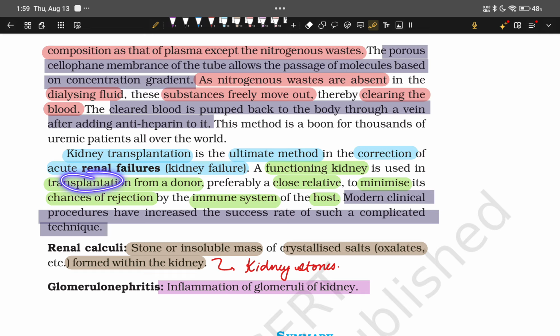A functioning kidney from a donor is used in transplantation, and we have to find a matching donor to minimize rejection by the immune system of the host. So we will choose a close relative. Now, modern clinical procedures have increased the success rate of such a complicated technique.